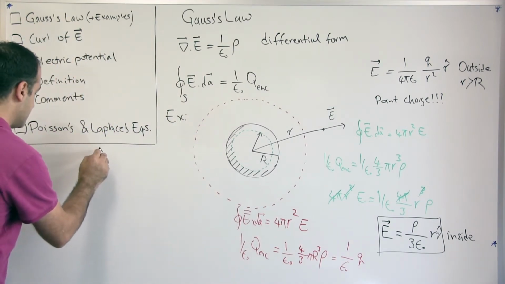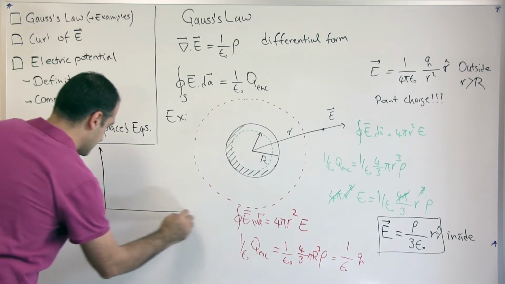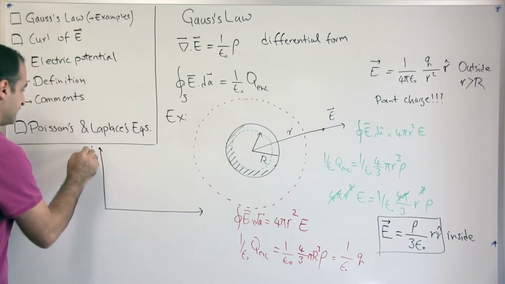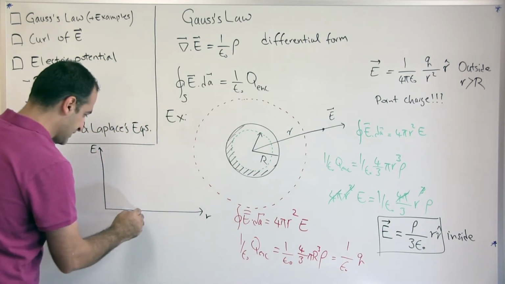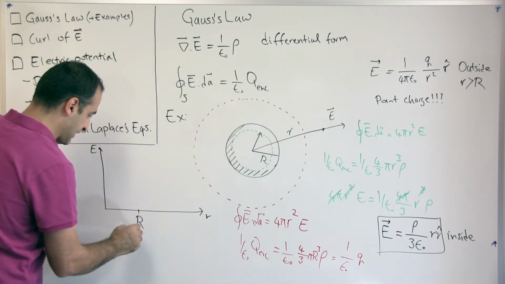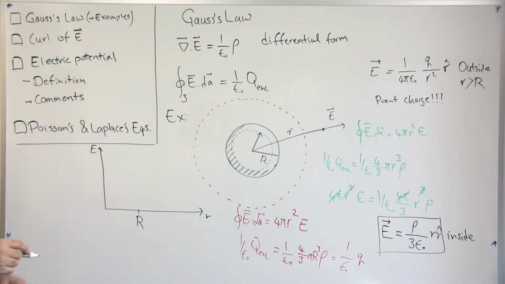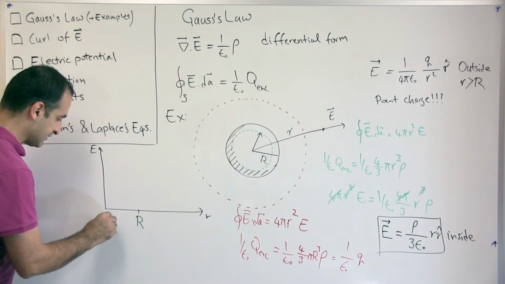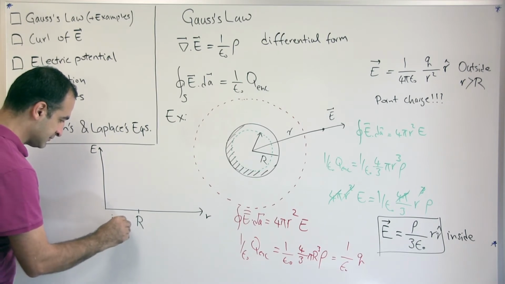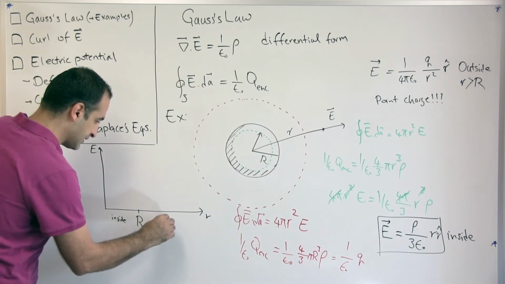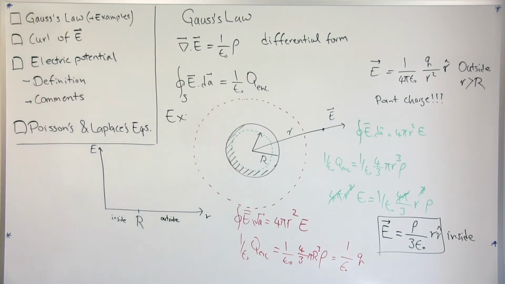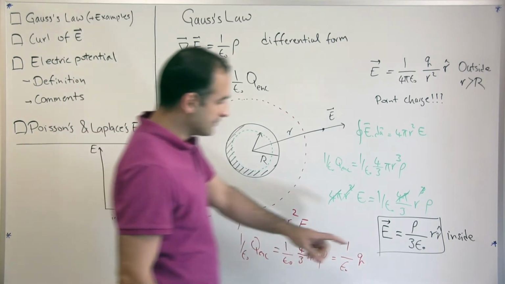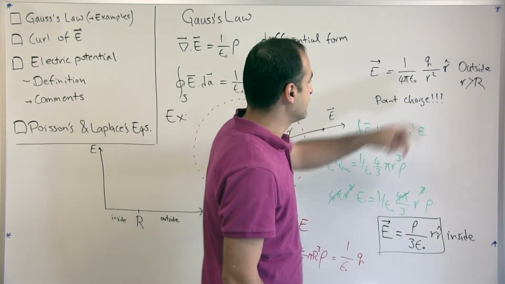I'm going to draw a diagram and look at the strength of the electric field E as a function of radius. And let's imagine here is capital R, the radius of the sphere that we have. So here is technically inside, and here we are outside. Okay, so if you are inside, we should follow this. If you are outside, we should follow this.